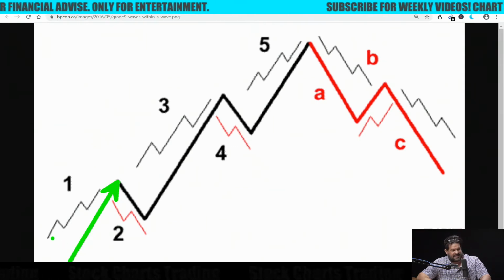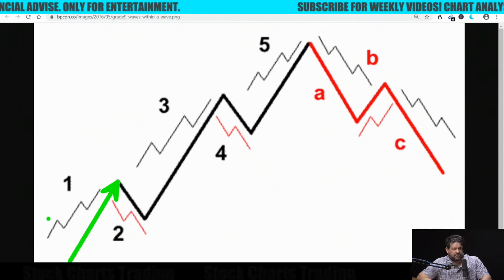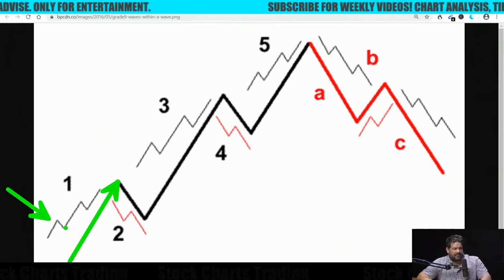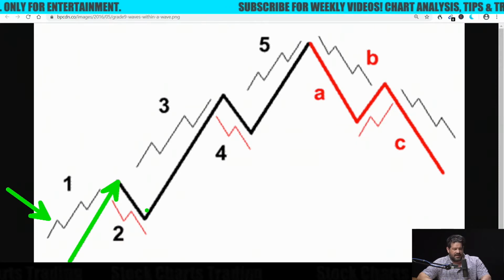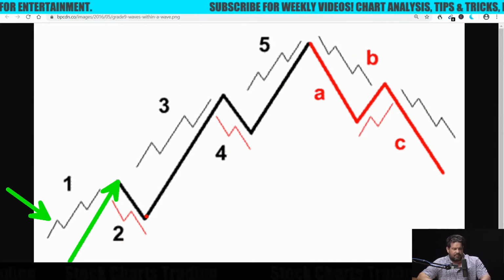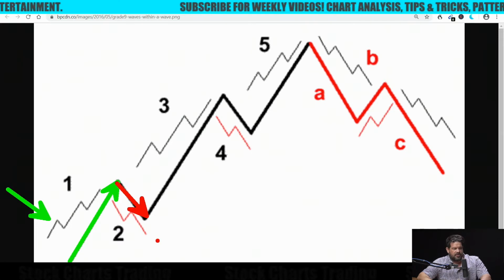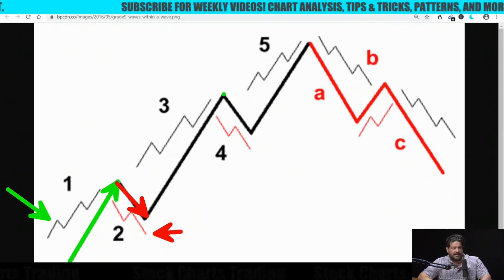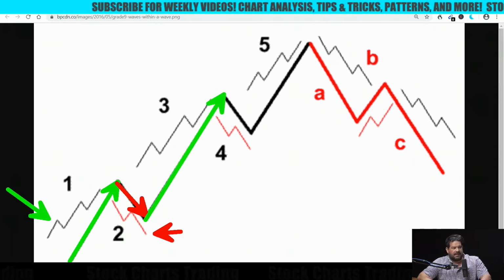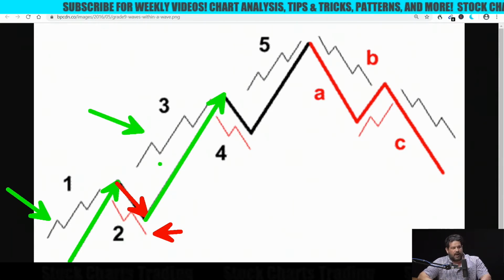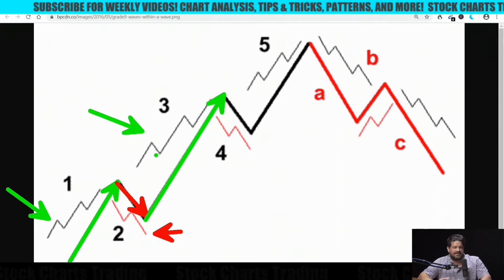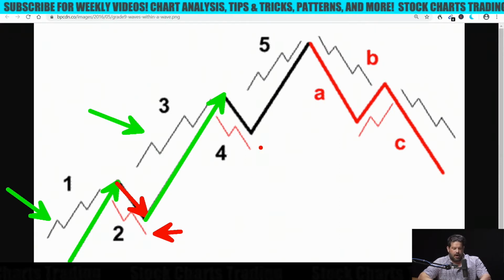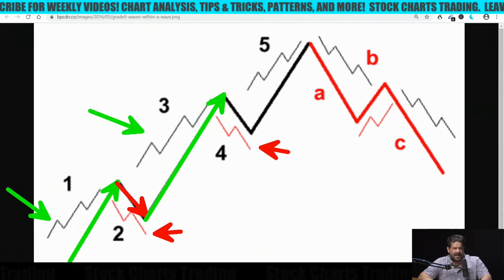You can see leg one is usually an Elliott Wave inside the impulse wave. And then the consolidation is the pullback, and what do you have? You have an ABC pattern within that. And then you go from the lows up to the highs, leg three, an impulse wave, which is an Elliott Wave, because an Elliott Wave is going to be longer than a consolidation ABC pattern.